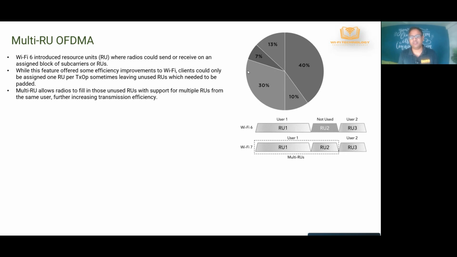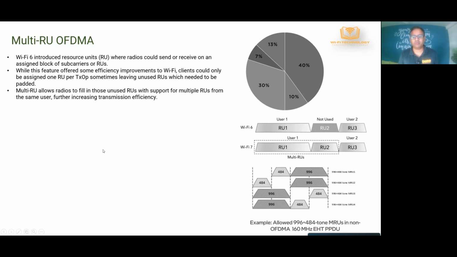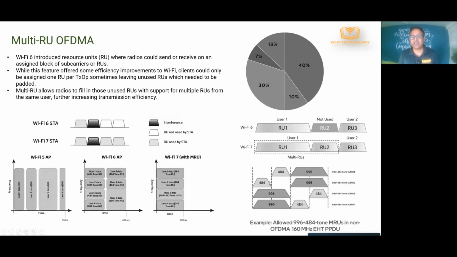If you look at this example in Wi-Fi 6, user 1 can get RU1, user 2 can get RU3, but RU2 may not be allocated to any user. It's free. So in Wi-Fi 7, if you need more bandwidth than RU1 and less than RU3, you can combine RU1 and RU2 and do multi-RU communication. In technical terms, you can combine multiple sets of tones to get MRU communication.